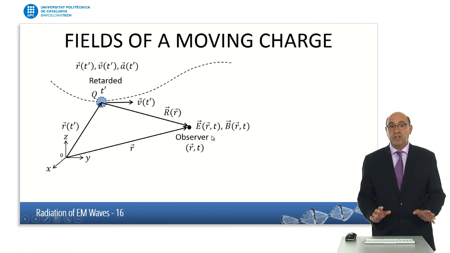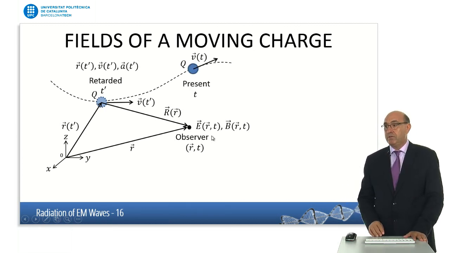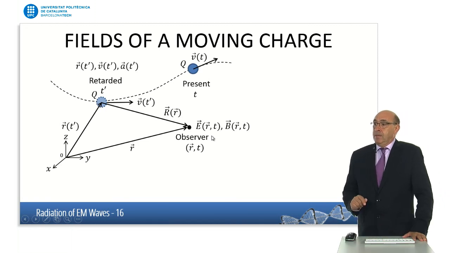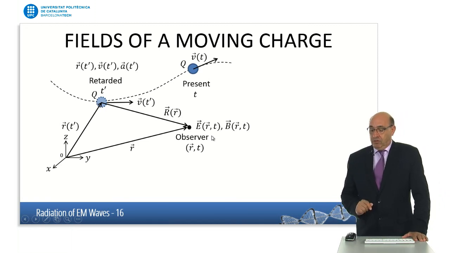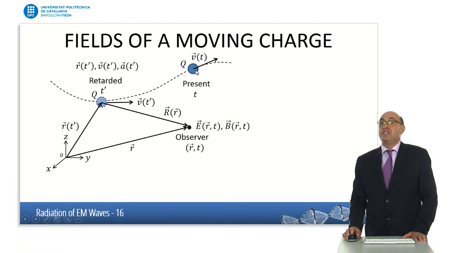This is a very complicated problem, and I just want to give you the result for this. Why is it complicated? Because by the time we receive the fields, the charge has moved to a different place. And the values of velocity and acceleration are different from the ones we had before.